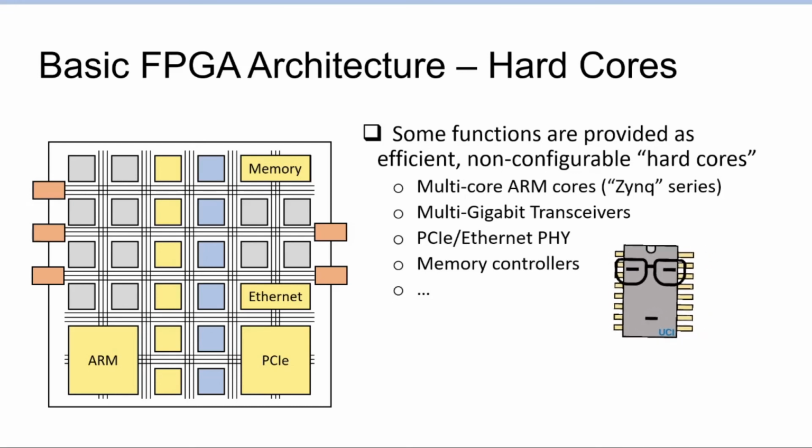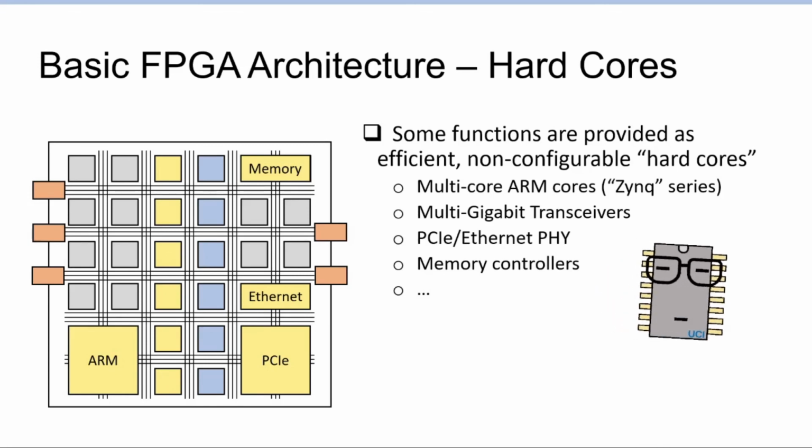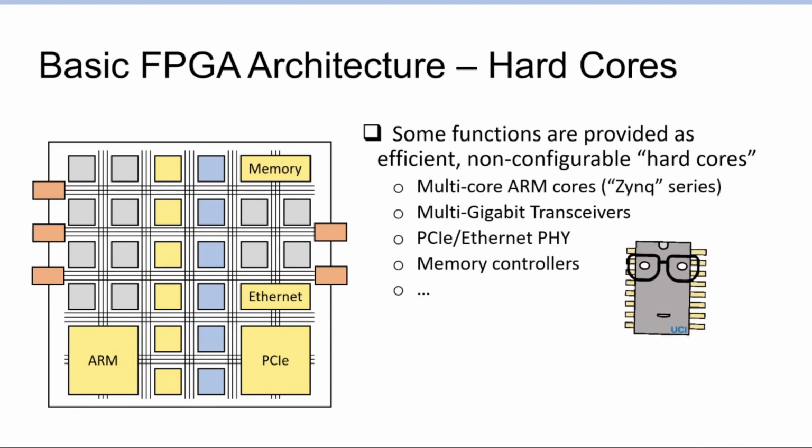There's a lot of offerings, and because reinventing the wheel every time for memory interfaces is annoying, a lot of times memory controllers also are provided in the form of hard cores. So this is what the internals of a normal FPGA would look like.